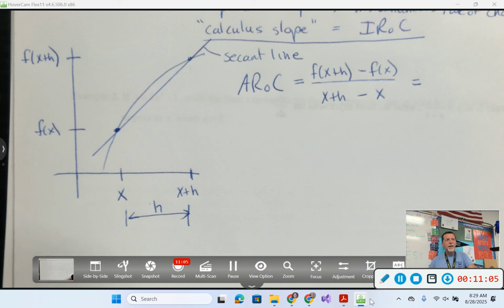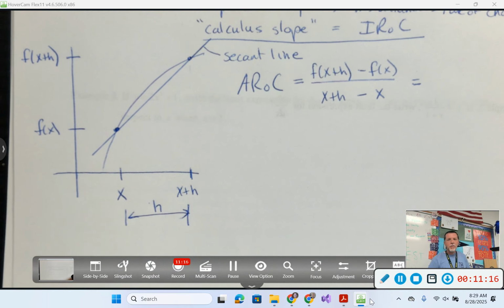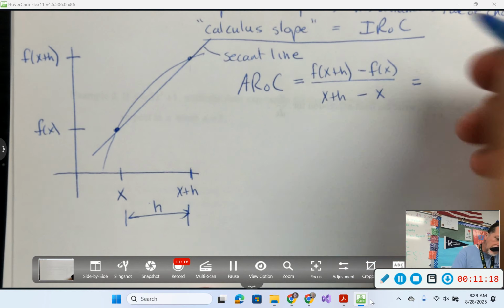This is still algebra, right? Have not done any calculus yet. That's just the algebra 1 slope formula. Looks all fancy because we got all kinds of letters going on in there, but that's still just y2 minus y1 over x2 minus x1. I can clean up the bottom a little bit.